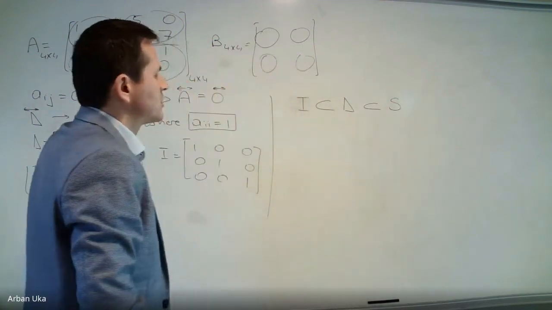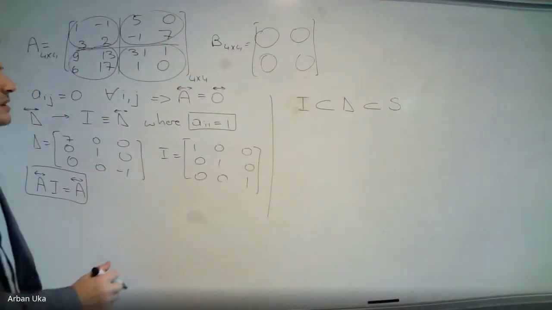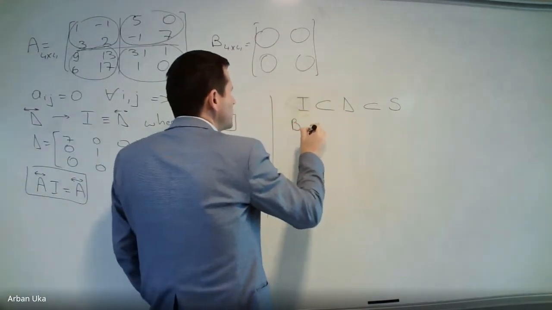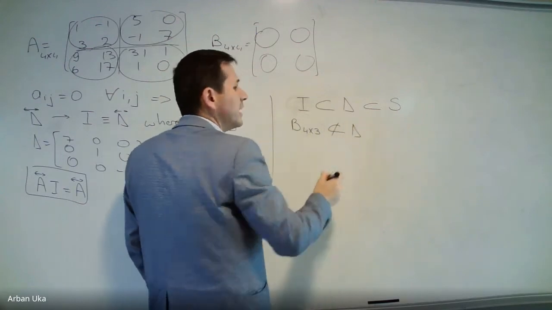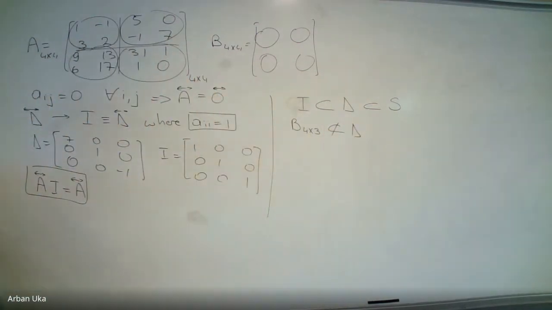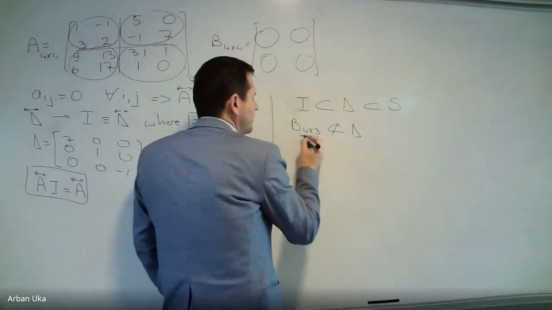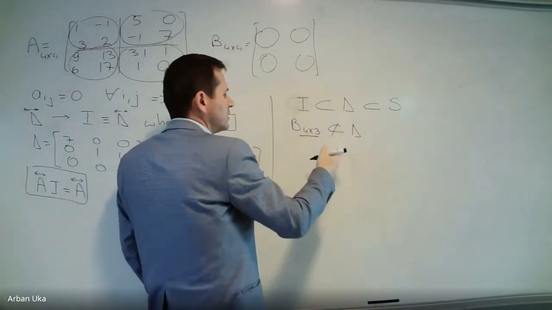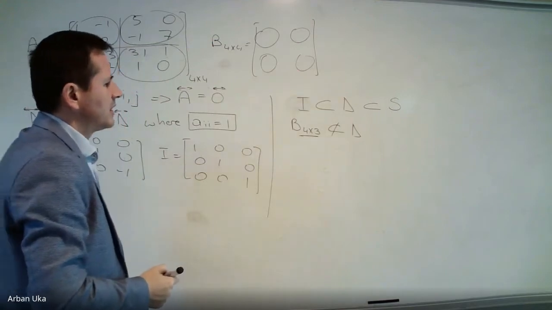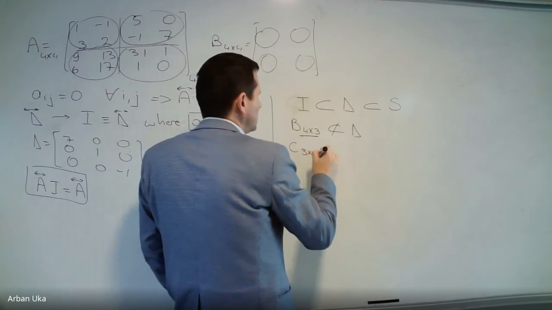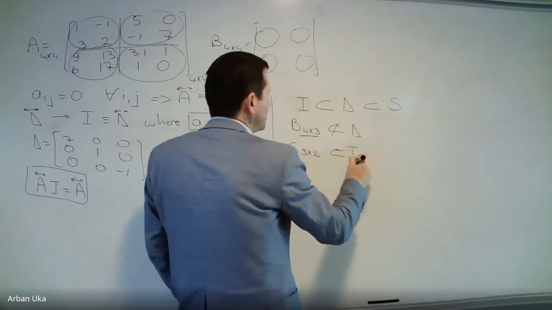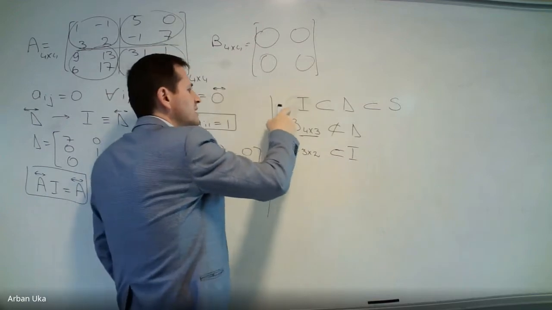A matrix B which is 4 by 3 is never in the diagonal matrix set, because it has to be square to be considered diagonal. Since this is 4 by 3, it's not a square matrix, so it cannot be diagonal. And at the same time, any matrix C which is 3 by 2 can never be an identity matrix. So we're assuming these will be sets.